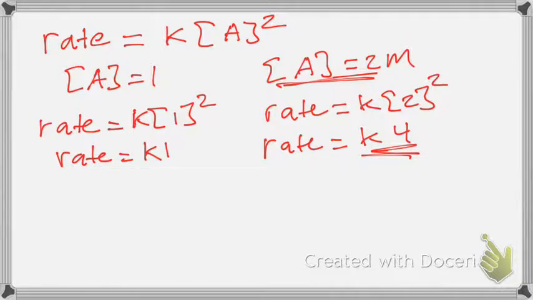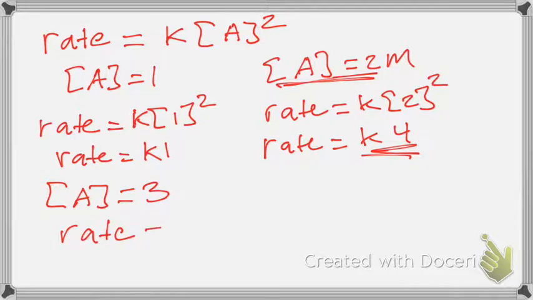All right, what if we tripled the concentration? Throw that into our rate expression. So K, and how would that affect it?